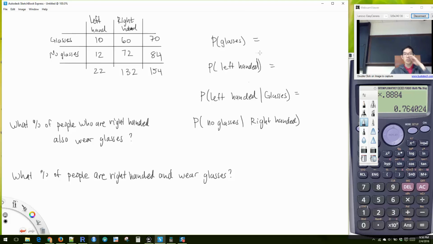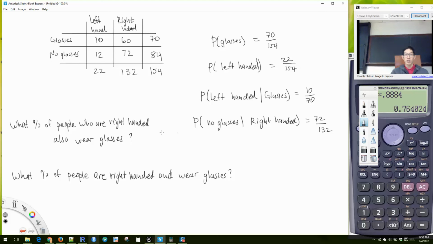Okay, so glasses would be 70 out of 154. Left-handed would be 22 out of 154. Left-handed given glasses would be 10 out of 70. And no glasses given right-handed would be 72 out of 132.